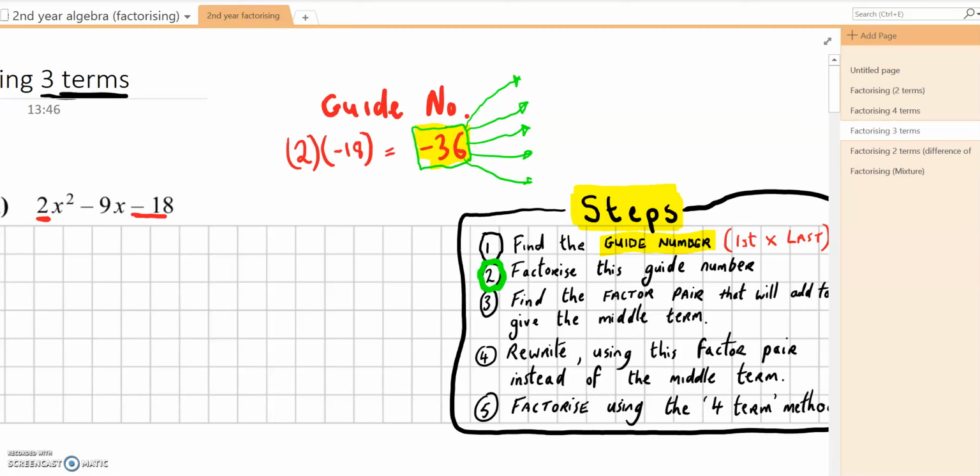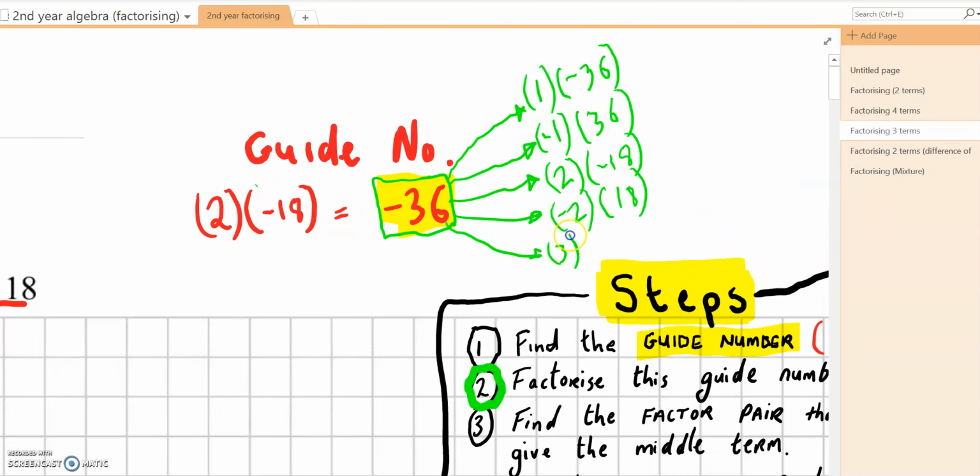Well, 1 by minus 36 would give me minus 36, wouldn't it? Also, minus 1 by 36. What else? 2 by minus 18. I've just done that, haven't I? And minus 2 by 18.